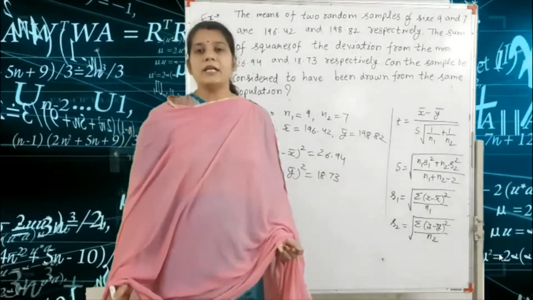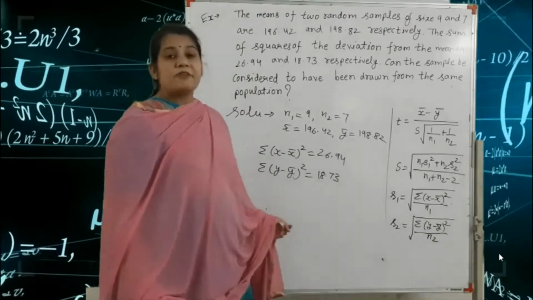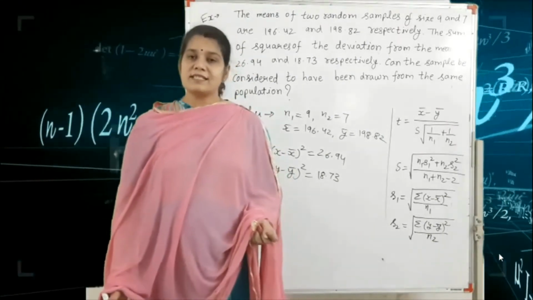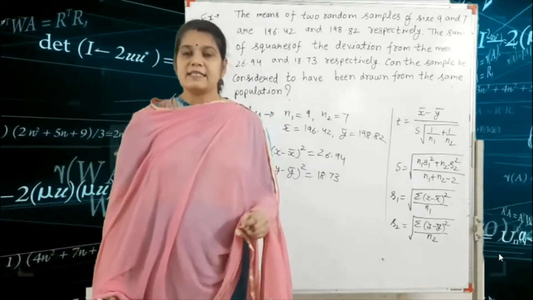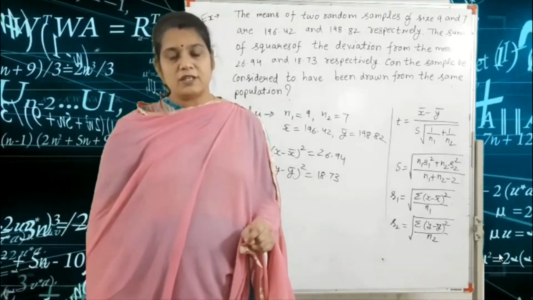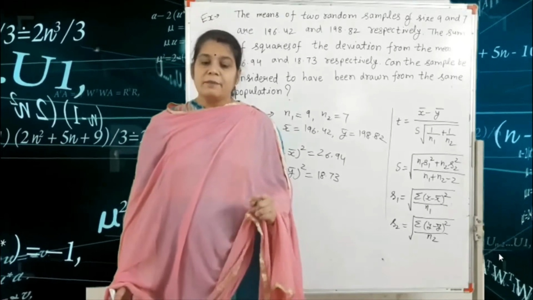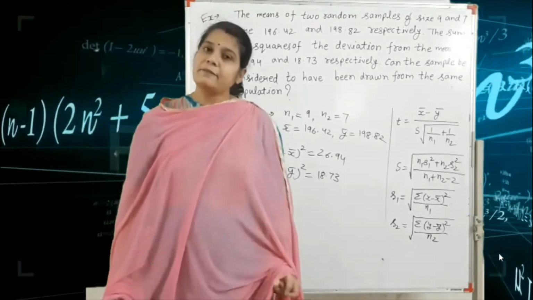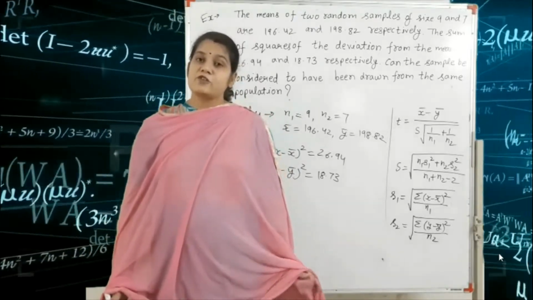With the help of these values, we find the small s. The formula of the small s is s equal to under root summation x minus x bar whole square plus summation y minus y bar whole square divided by n1 plus n2 minus 2.